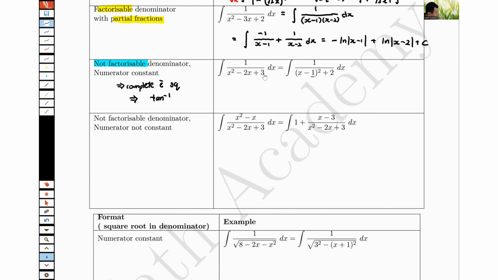In this structure, you can do tangent inverse. So I've worked out the completed square equation. We can further write as a root 2 square. We go for the tangent inverse formula. I just write below. We get 1 over root 2 tangent inverse f(x) over a plus c.